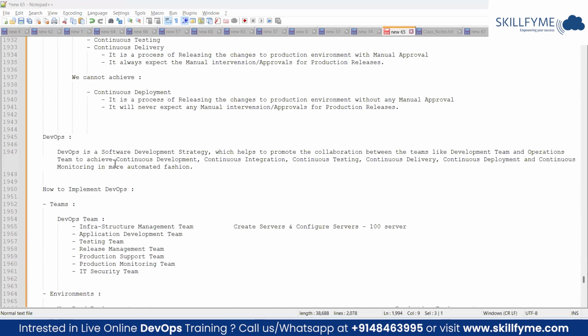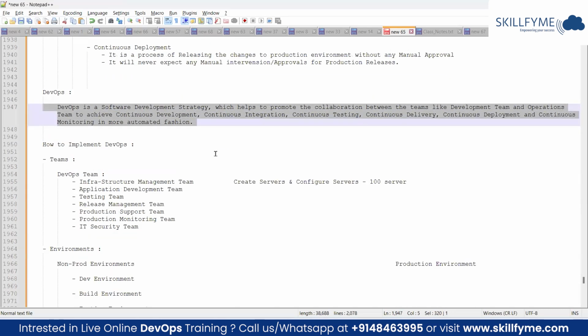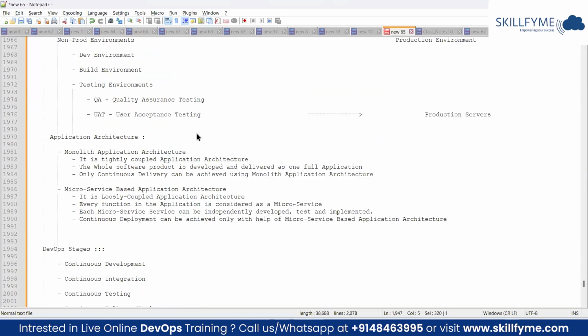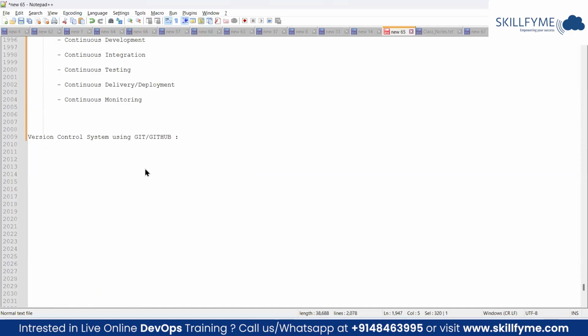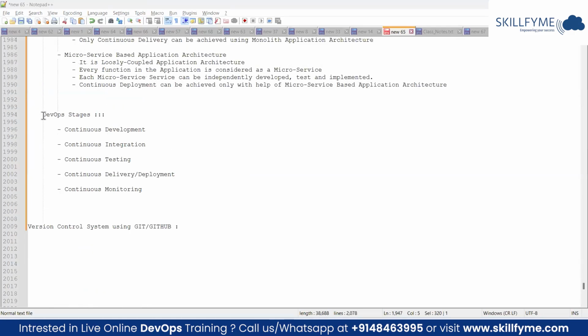So now you should know what DevOps is. It's all about promoting collaboration between teams and achieving continuous development through continuous monitoring in a more automated fashion. In order to implement this, we need to be clear about the various stages of DevOps. The very first stage in DevOps is continuous development.